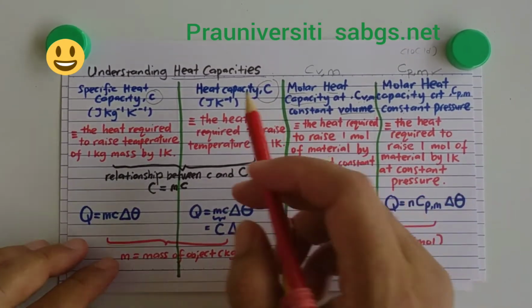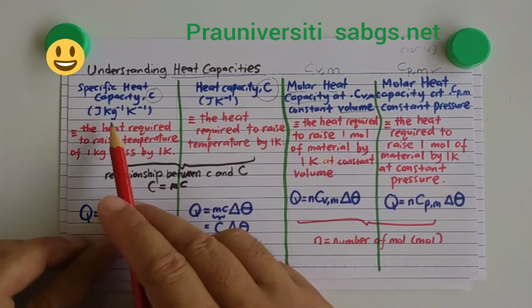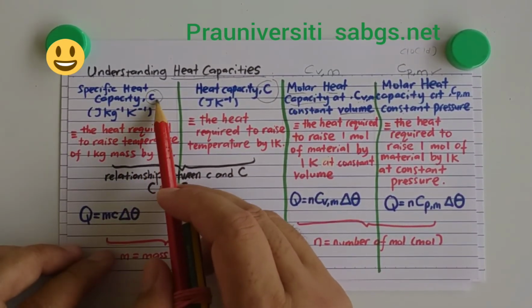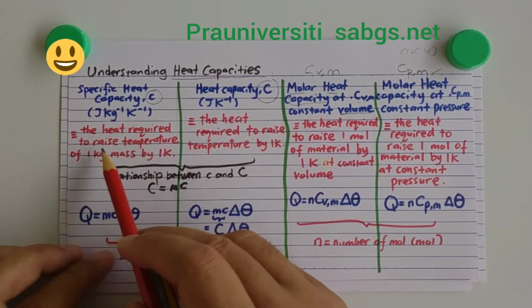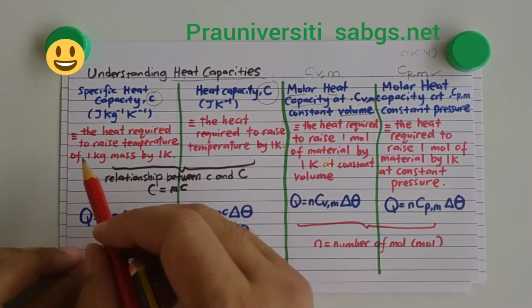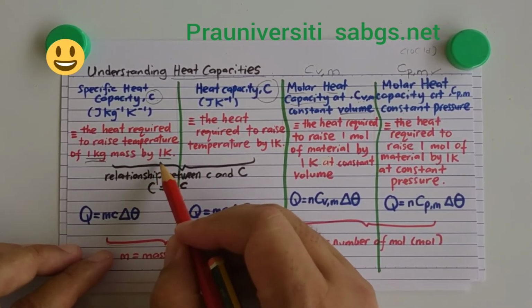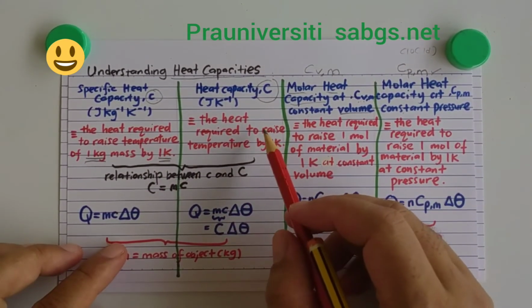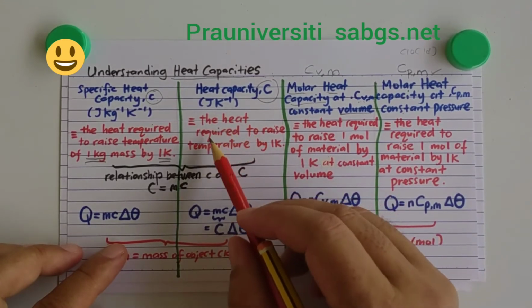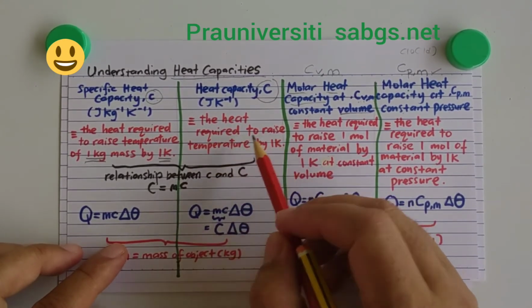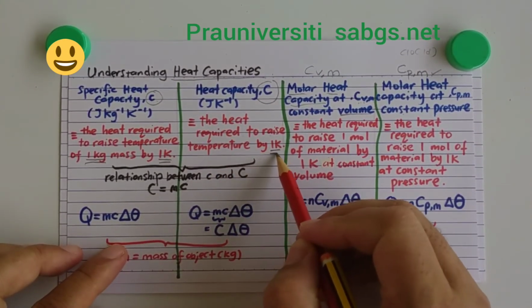Okay, so we go one by one. We go for the specific heat capacity, small c: the heat required to raise the temperature of 1 kilogram of mass by 1 Kelvin. Then the heat capacity: the heat required to raise the temperature by 1 Kelvin.